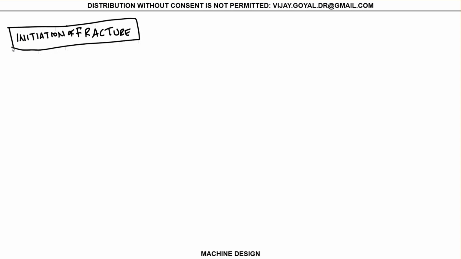Initiation of fracture. We know that your factor of safety has to equal your critical fracture toughness divided by your mode 1 fracture toughness, so bigger or equal than 1. Or I can rewrite this as the critical fracture toughness K_IC bigger or equal than the mode 1 fracture toughness K_I.